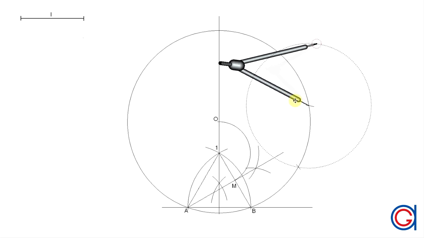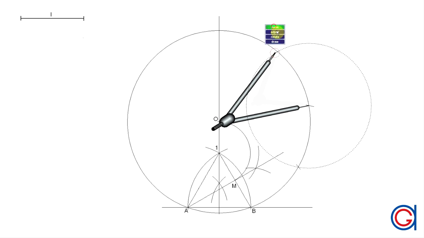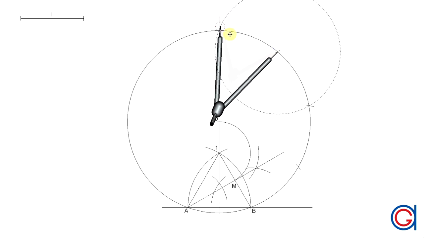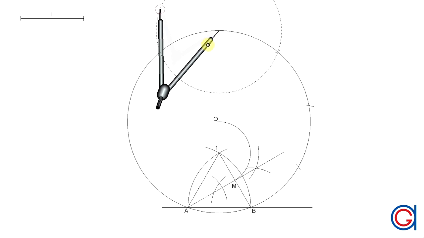So now, as you can see, we scribe our fourth arc, cutting the circle, and we continue setting our compass on the previously scribed arc. And we cut the circle again. If we are working with precision and accuracy, we should cut the arc exactly where the vertical line cuts the circle, as can be seen here. And we continue the process.